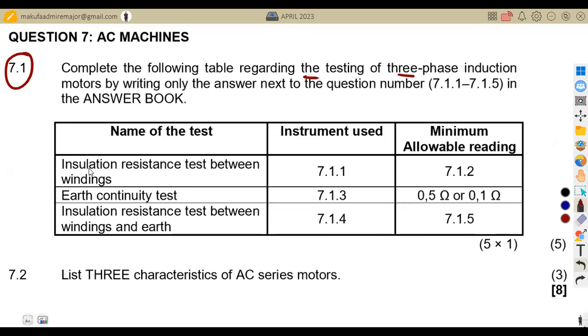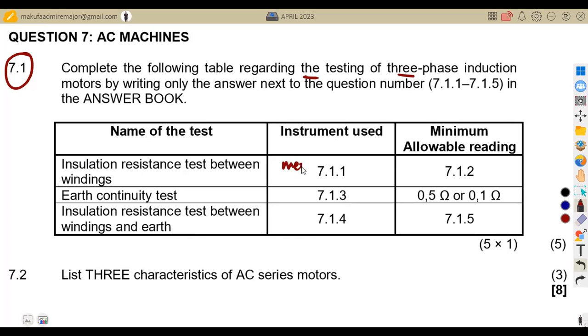We have the name of the test, then the instrument used, and the minimum allowable reading. For 7.1.1, we are given insulation resistance test between windings. What is going to be the instrument to be used? There we can use a megger.